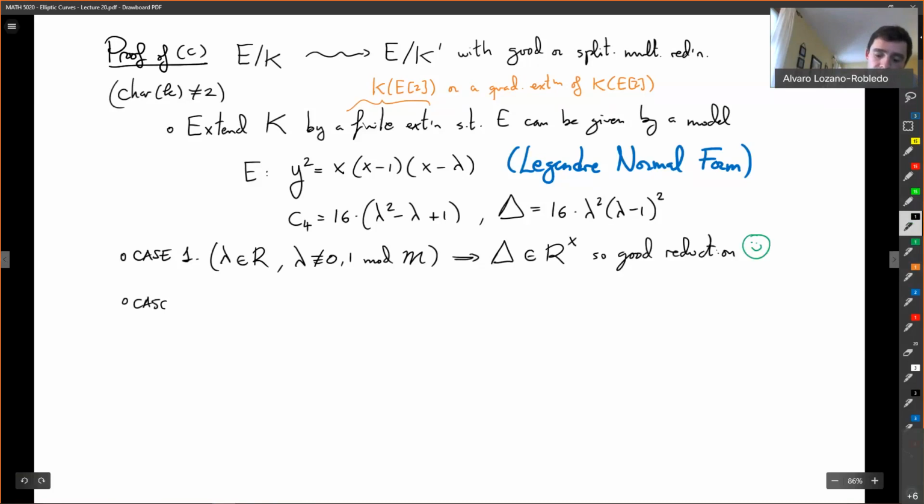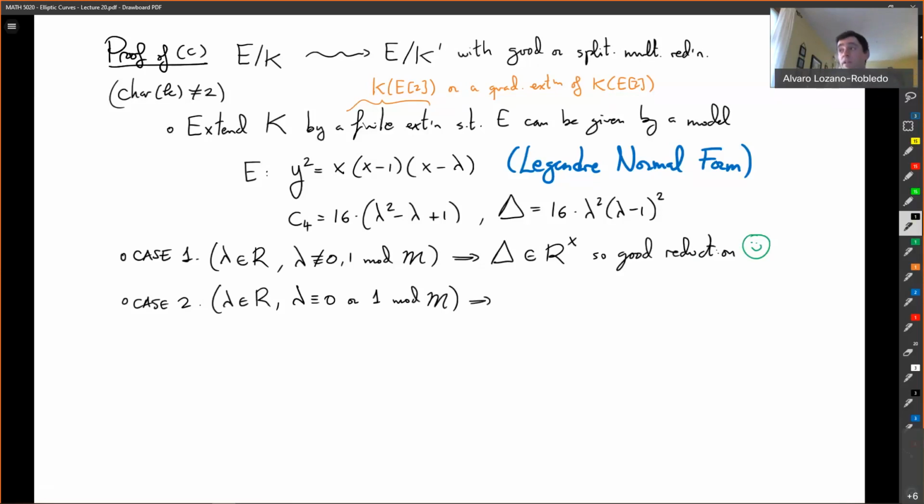The second case is if lambda is an integer, but lambda is either 0 or 1 mod m. Then you can look at the discriminant. Now the discriminant is definitely 0, so there is bad reduction.